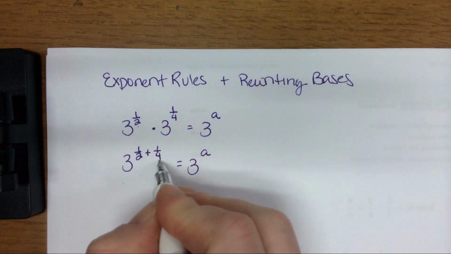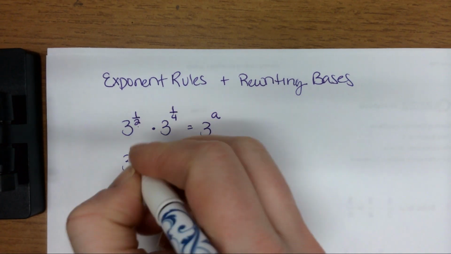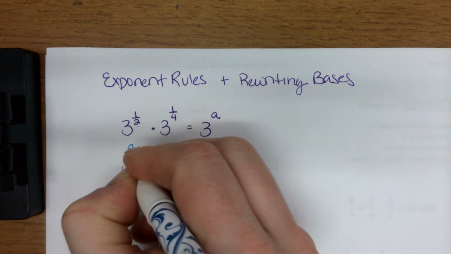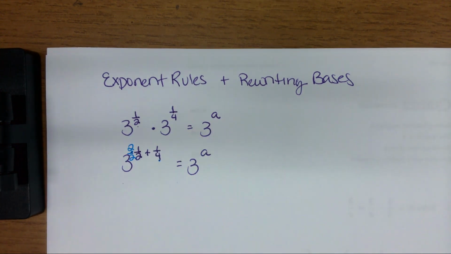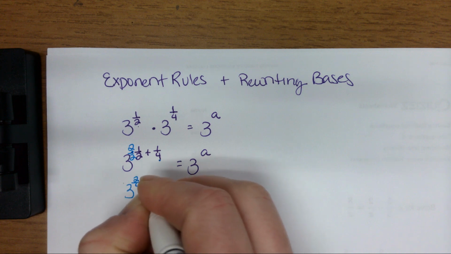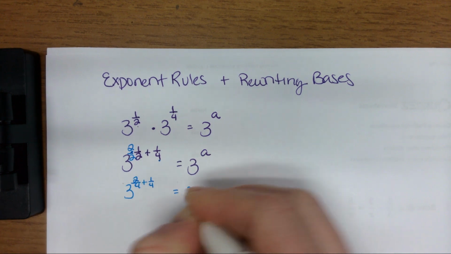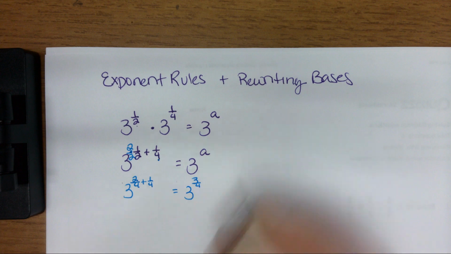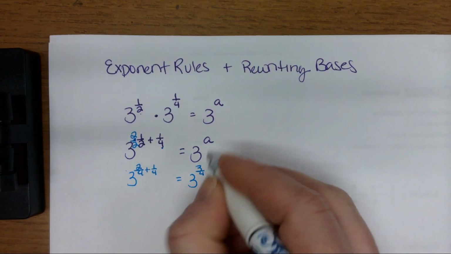If they're common denominators, I can add them together. If they're not, I would have to make them a common denominator. This would be 3 to the 2/4 plus 1/4, or 3 to the 3/4. And so A would just be 3/4.